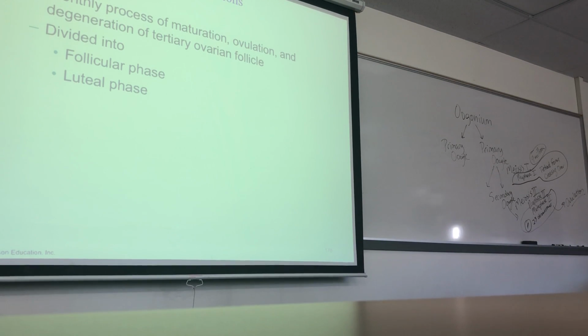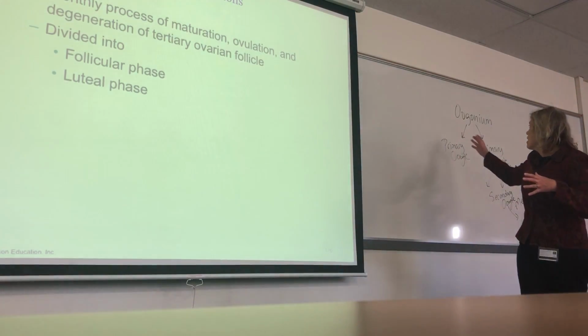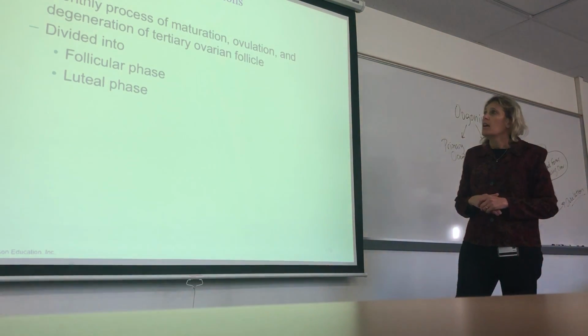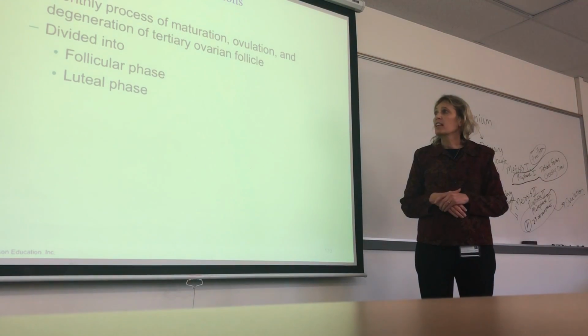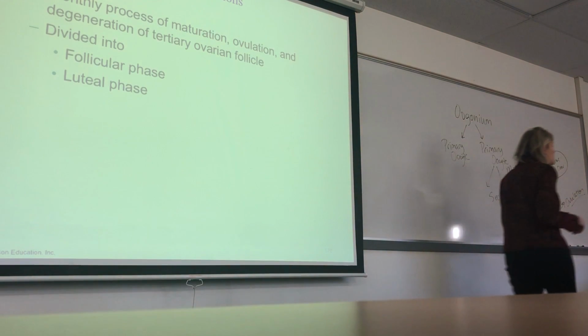So we can divide this phase. We're going to look at the ovarian cycle that talks about how the ovaries and the oocytes develop together. And we can divide it into a follicular phase, ovulation, and then a luteal phase.